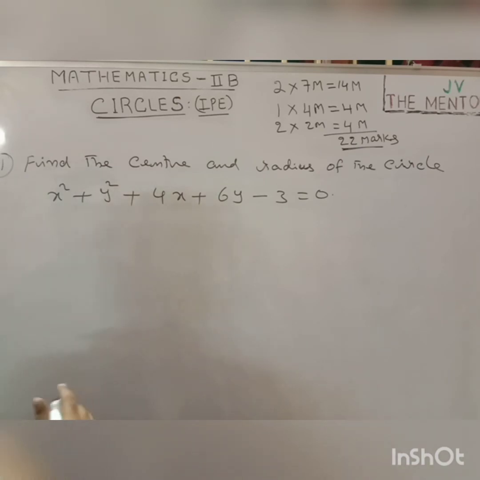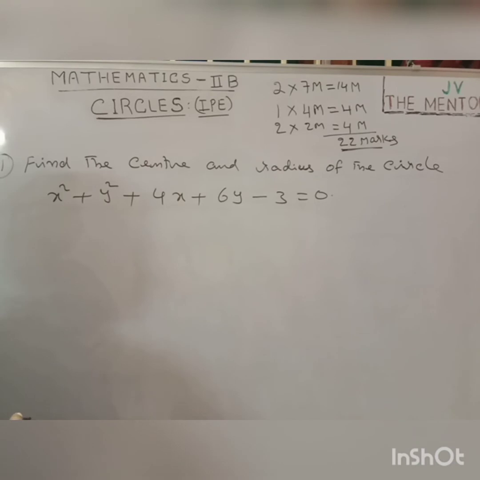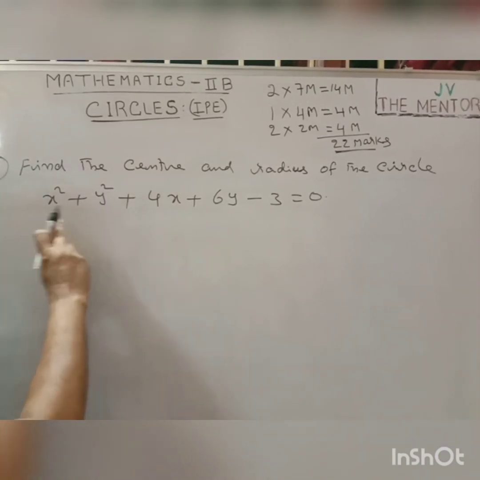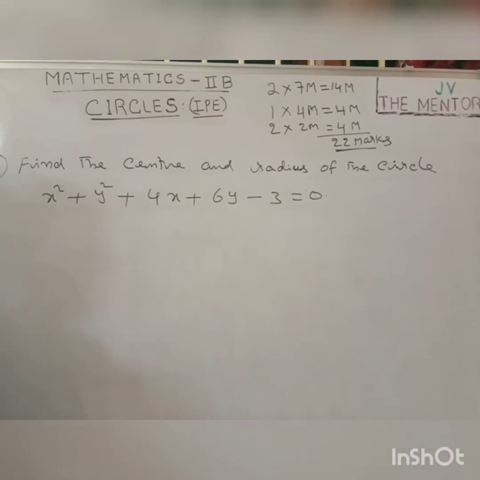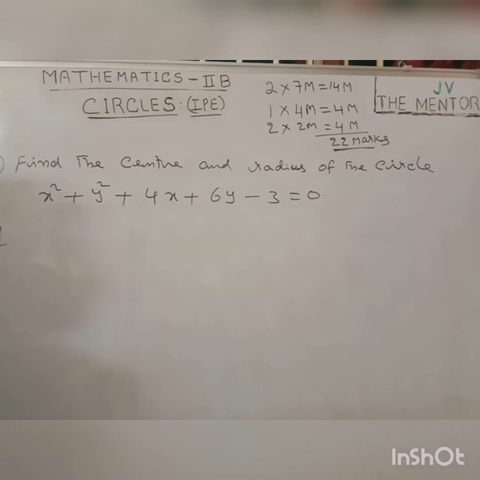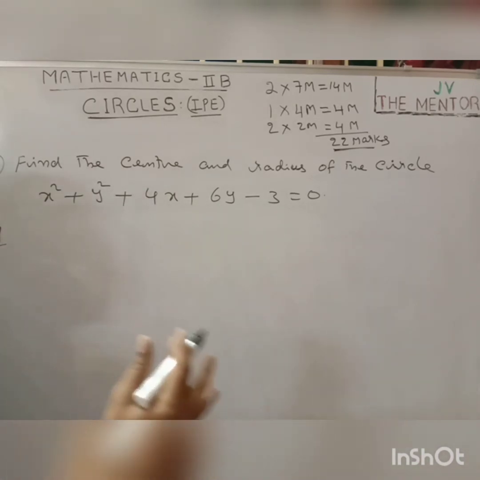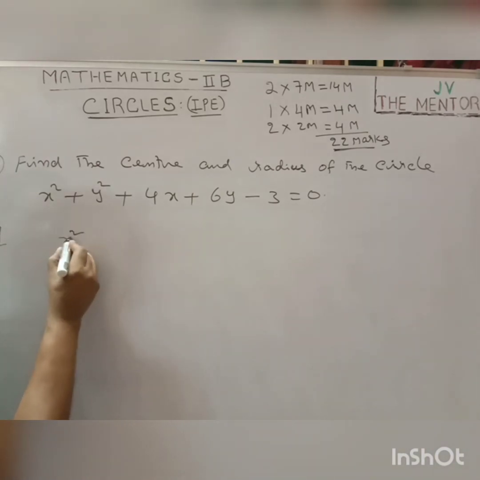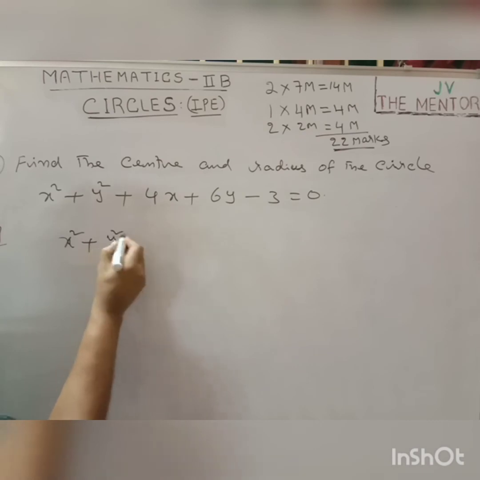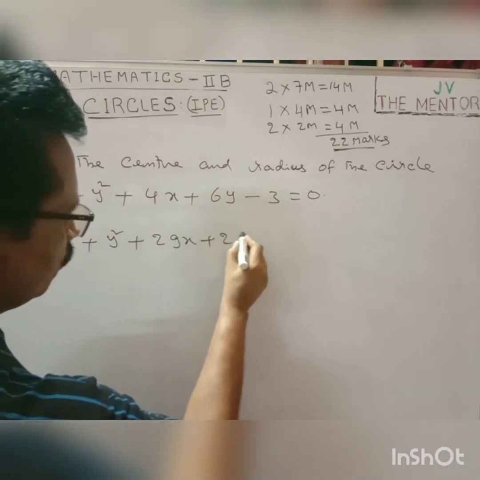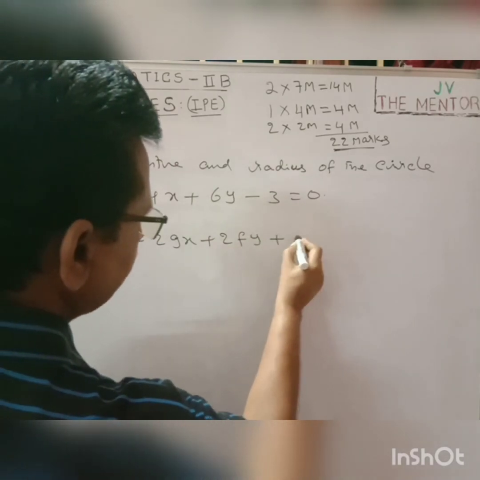Now how to calculate the values of g and f? Compare the given equation with the standard form of the circle, x square plus y square plus 2gx plus 2fy plus c equal to 0.